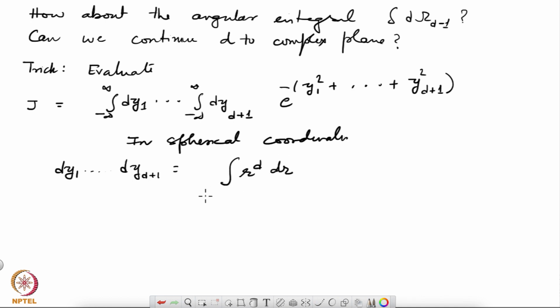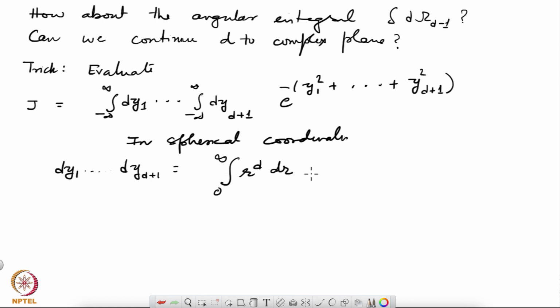You have seen this kind of thing before. If you think of y as having dimensions of length, then these are d plus 1 of them, so the left hand side has dimensions length power d plus 1.